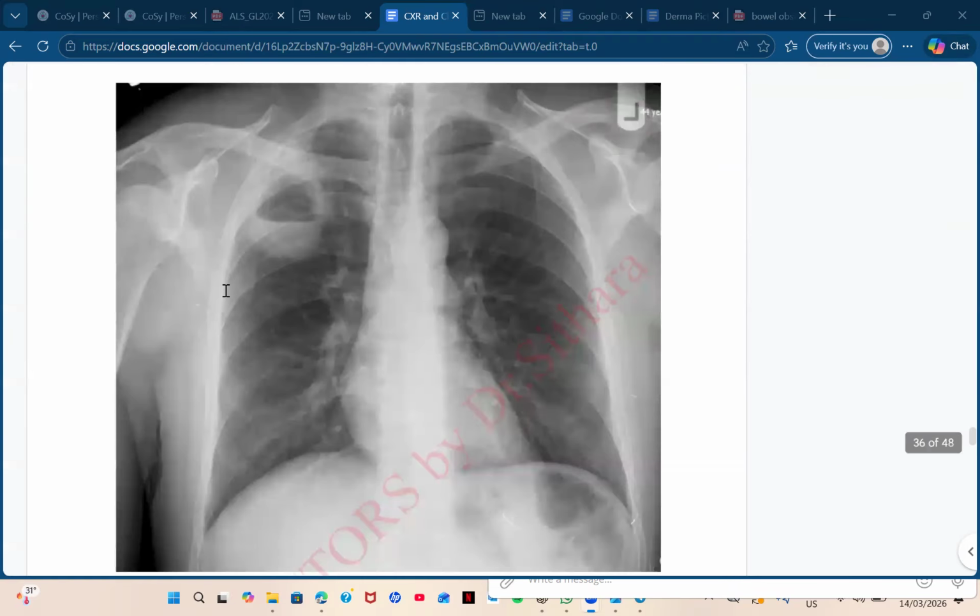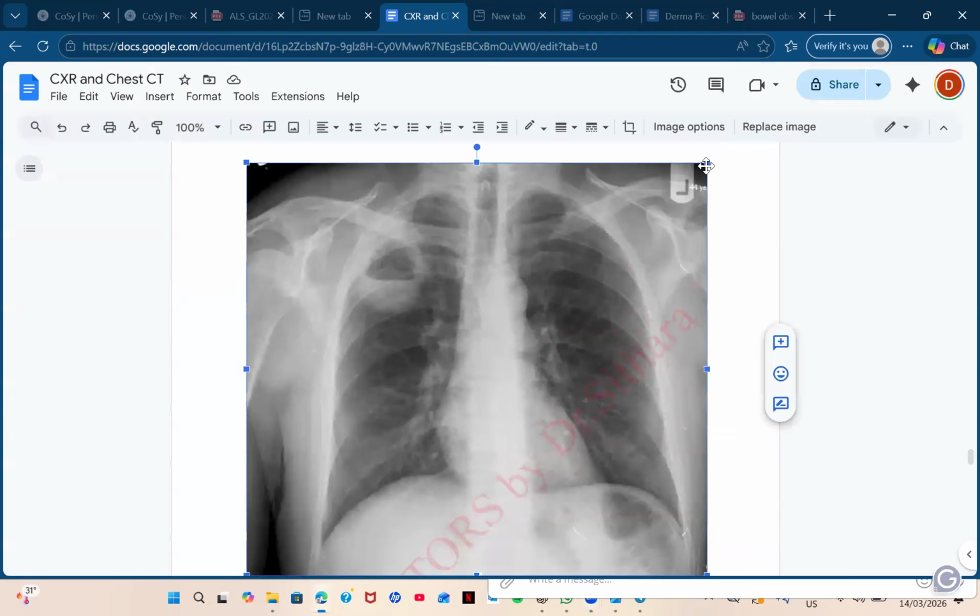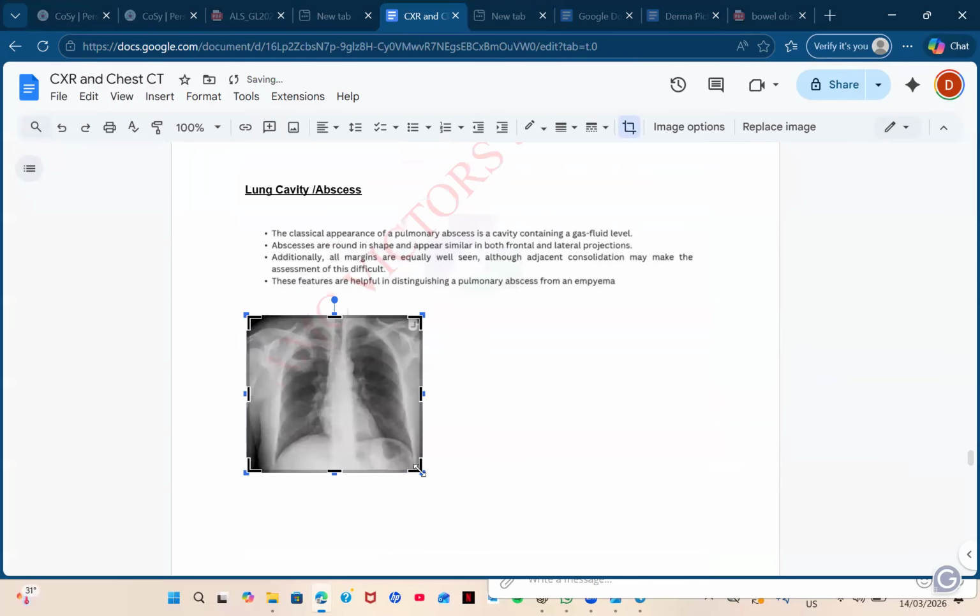Okay, so let's see how it presents. What can you see in here, doctors?